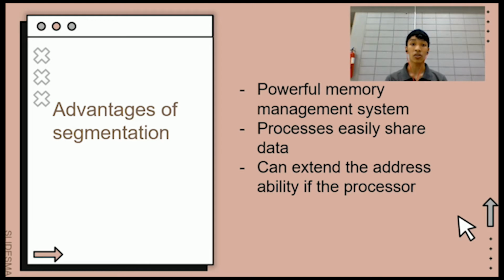Last but not least, it extends the addressability of the processor. For example, segmentation allows the use of 16-bit registers to give an addressing capability of 1 MB. Without segmentation, it would require 20-bit registers. That's all from me. Thank you.